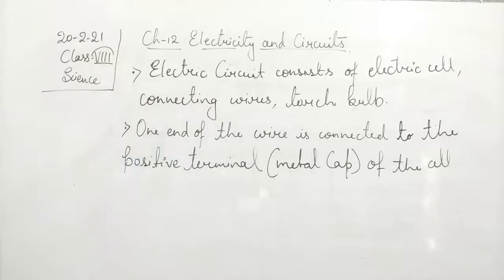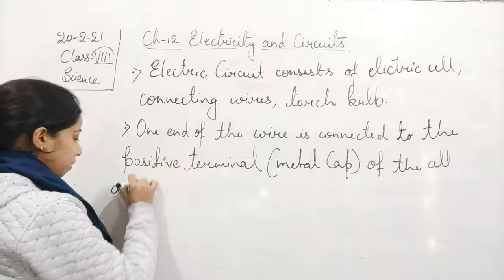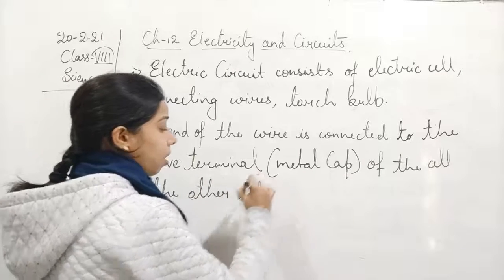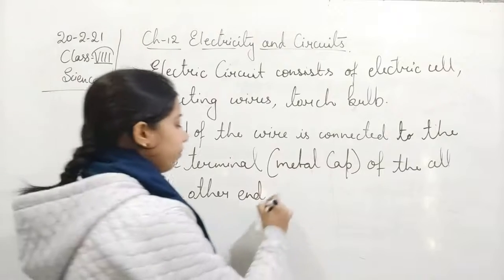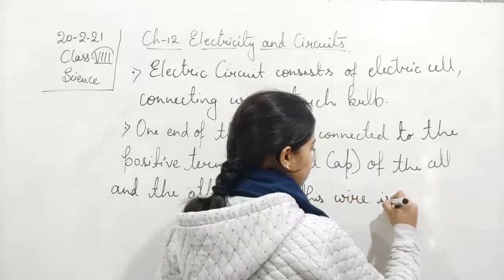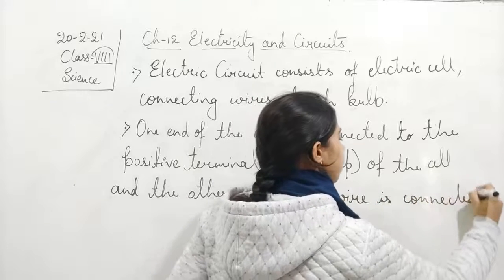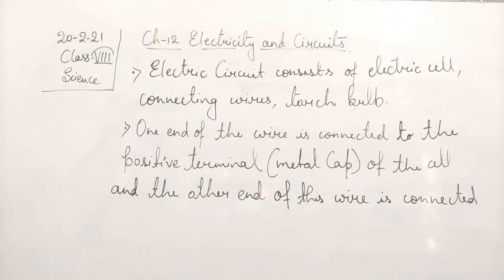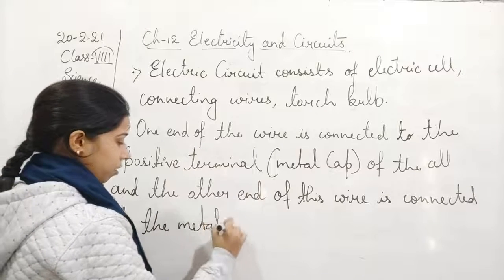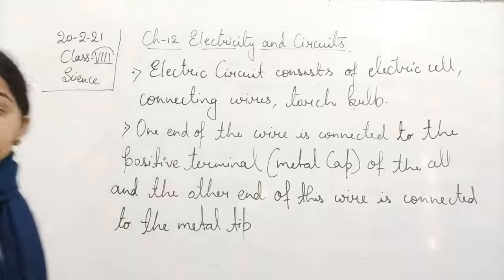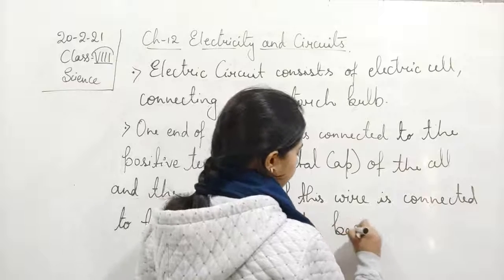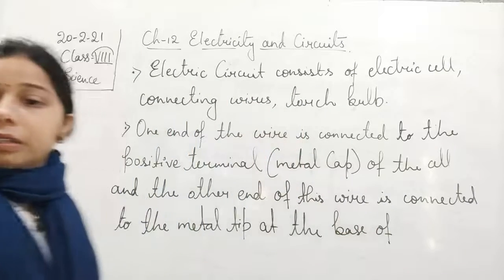One end is connected to the positive terminal of the cell, and the other end of this wire is connected to the metal tip at the base of the torch bulb.